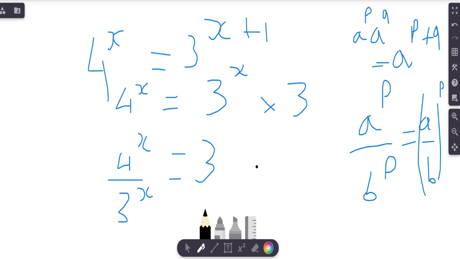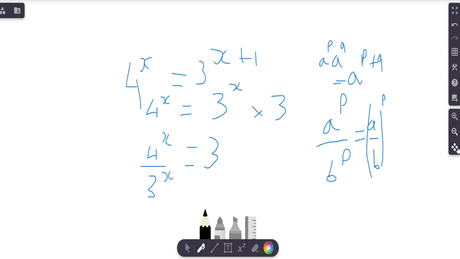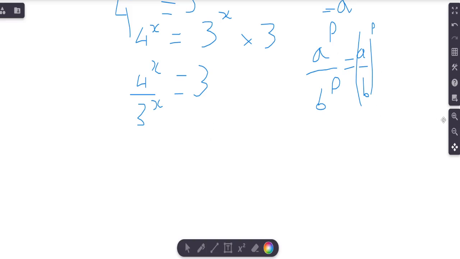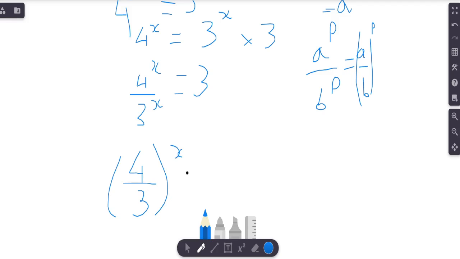Okay, so here we can rewrite this fraction as 4 thirds to the x equals 3.